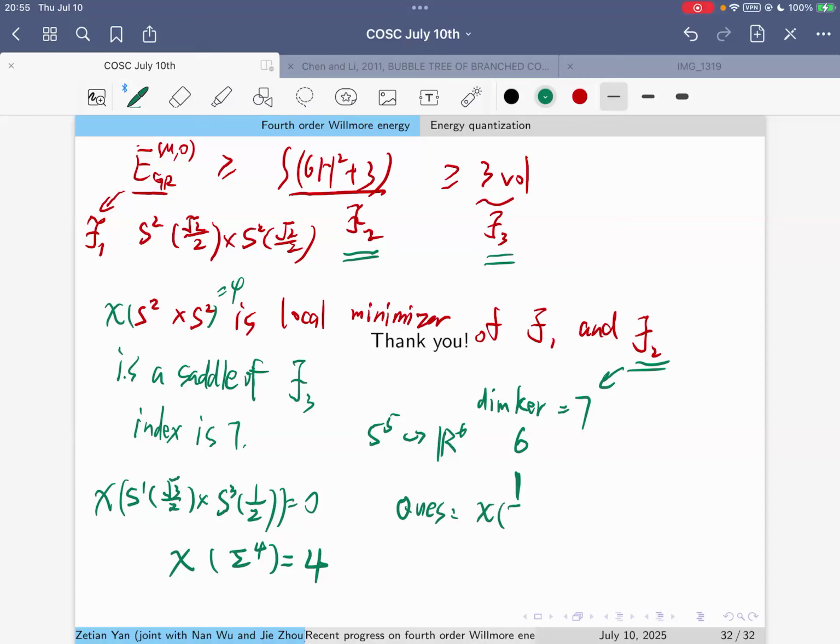If the characteristic is 4, the dimension of the kernel is 7, and the index is 7, where this is F2 and this is F1, can we say that this is exactly S2 times S2?